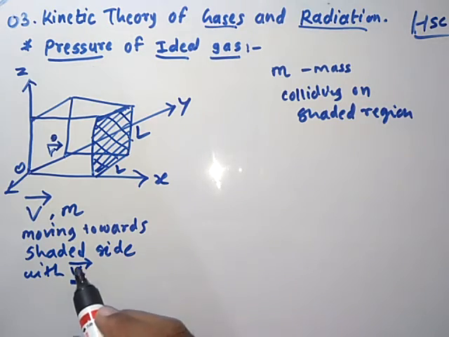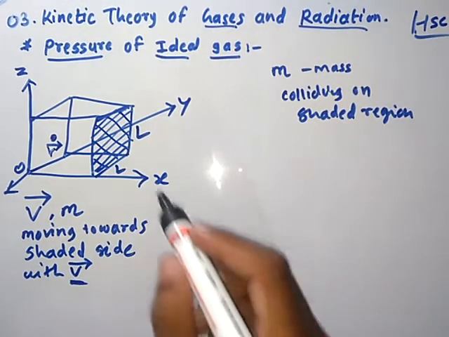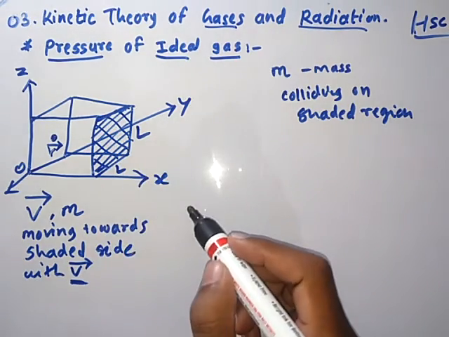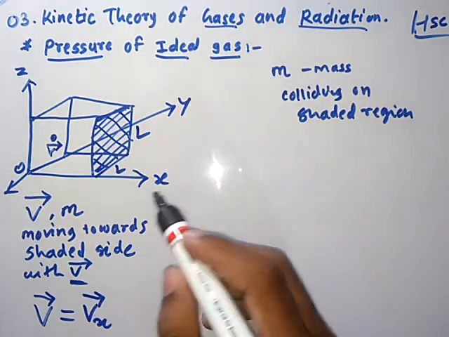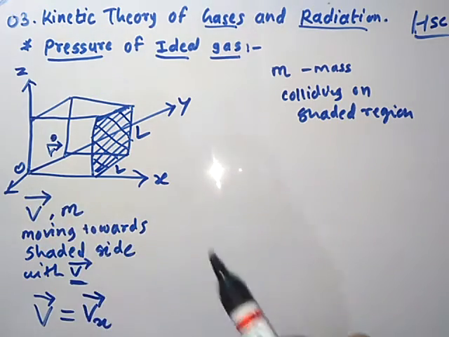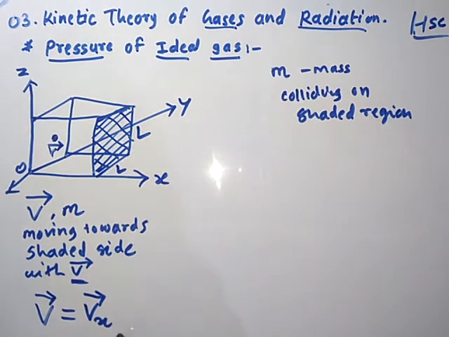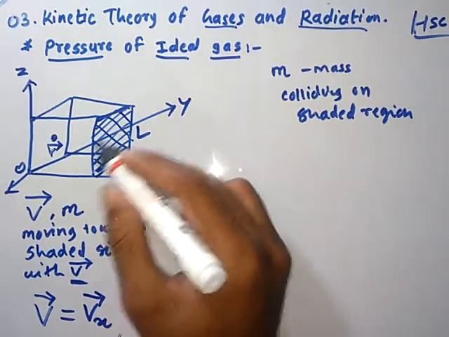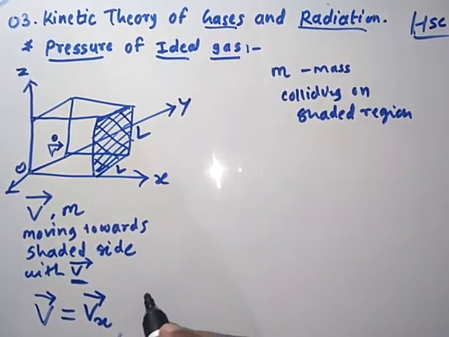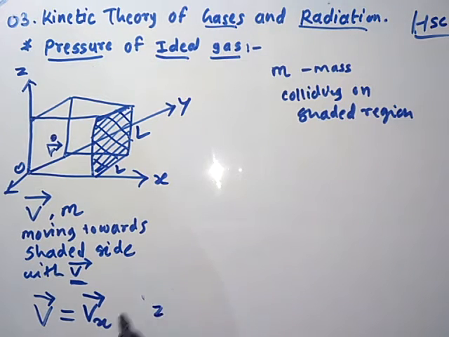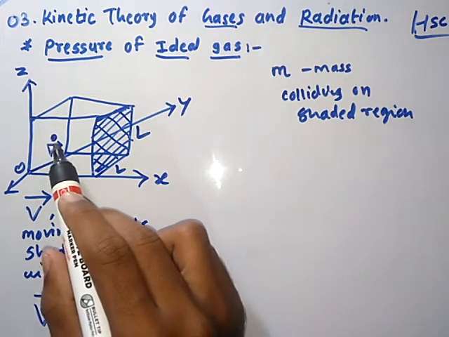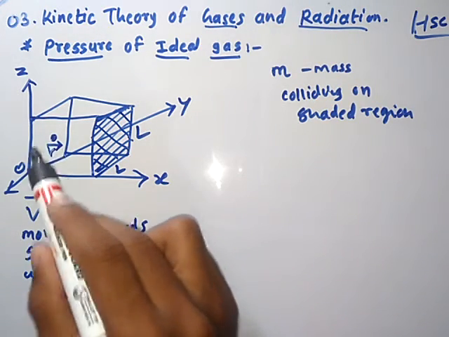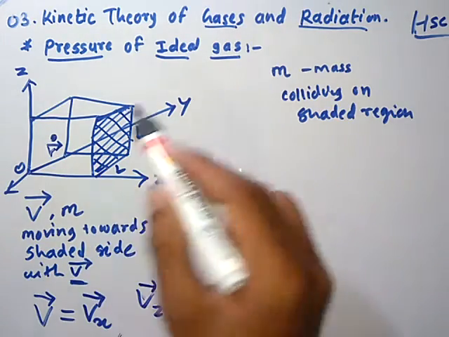If it is moving toward the shaded region, the velocity v bar is equal to vx bar, because the particle is moving along the x direction. The y and z components of velocity, vy bar and vz bar, are not involved in this case, because the motion of the particle is only along the x-axis and not along the y-axis or z-axis.